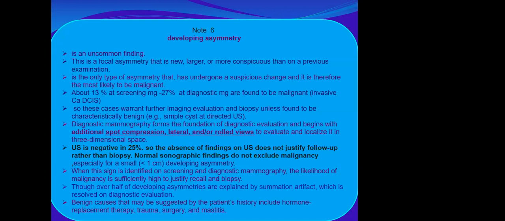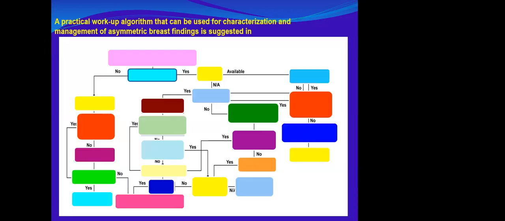Benign causes that may be suggested by patient history include hormonal replacement therapy, trauma, surgery, and mastitis. Just a revision for the practical workup algorithm for characterization and management of asymmetry. As we mentioned, for asymmetric findings, we have to look if it is seen in a single view or two views.